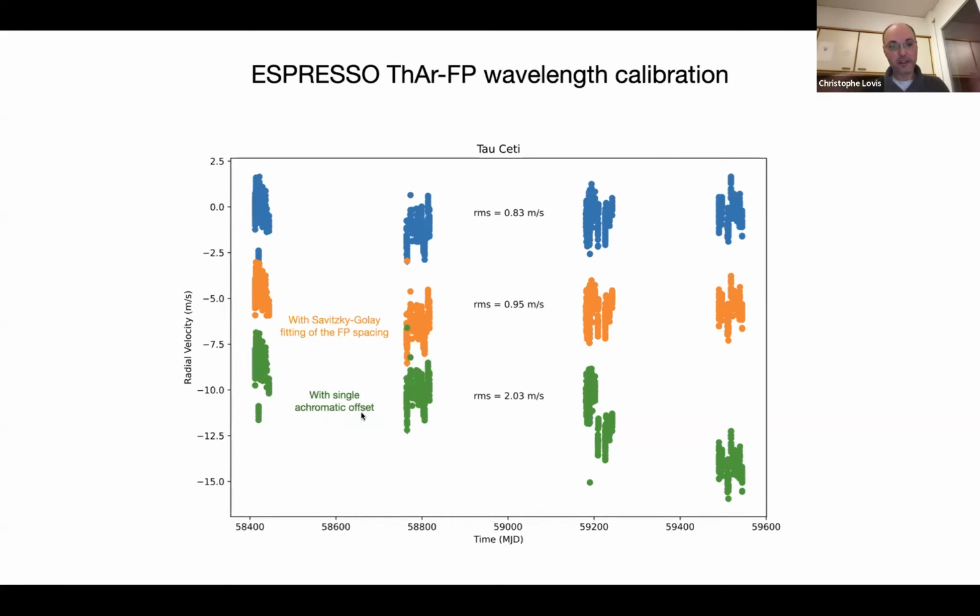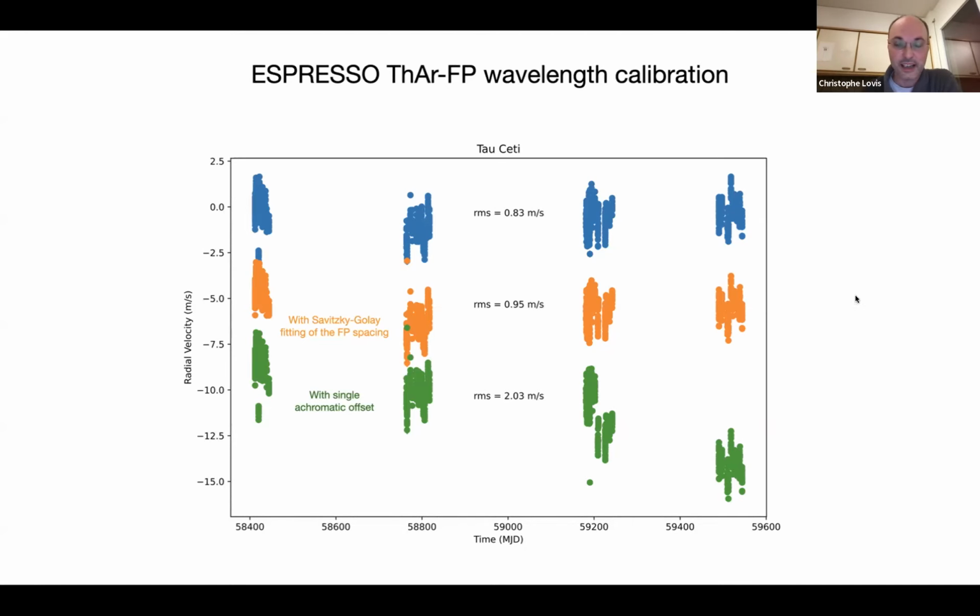We had a fixed FP spacing relation, and we were only fitting an achromatic offset because we didn't know to what extent there could be a chromatic component. But you can see that after a few years of data taking, things were really degrading, getting really ugly. After implementing this chromatic fit of the FP spacing, we recover a stable tau Ceti, which is good, of course.